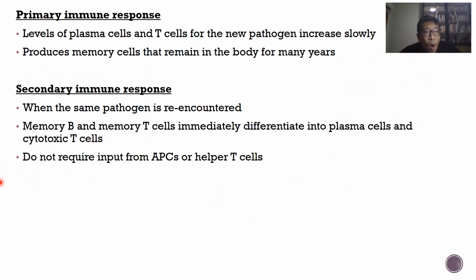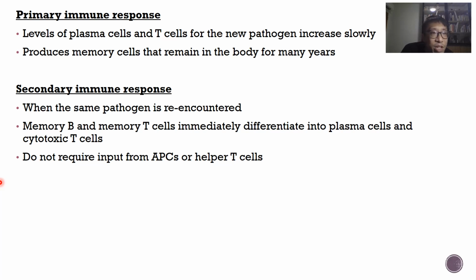Then let's move on to the primary and secondary immune responses. The primary response refers to the first encounter of the pathogen, and secondary responses would be the subsequent encounters.